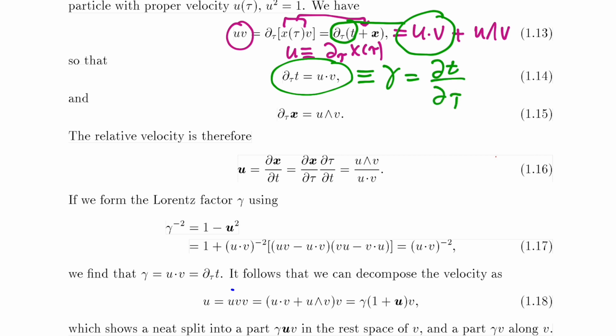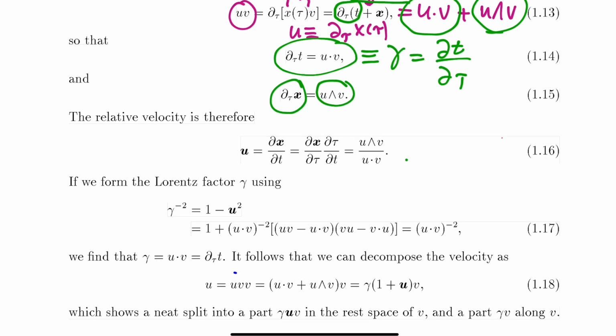So this thing is gamma. And u wedge v is all that's left over. That must be the partial derivative with respect to proper time of this relative vector, which is u wedge v.